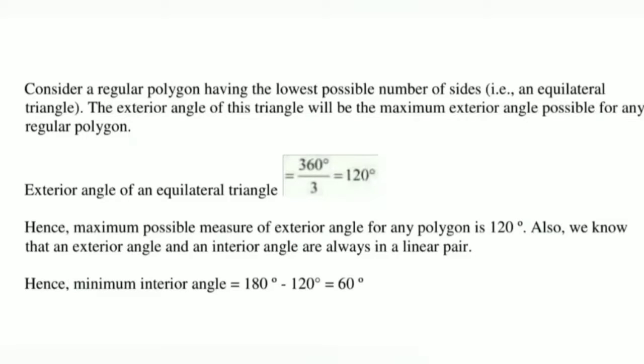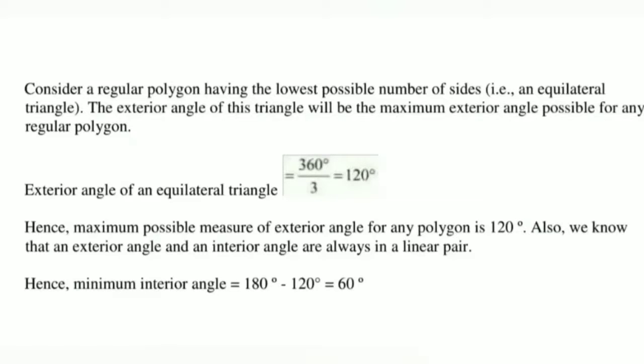So, exterior angle of an equilateral triangle is what? Is 360 degree upon 3. It is 120 degree. So, hence maximum possible measure of exterior angle for any polygon is 120 degree.